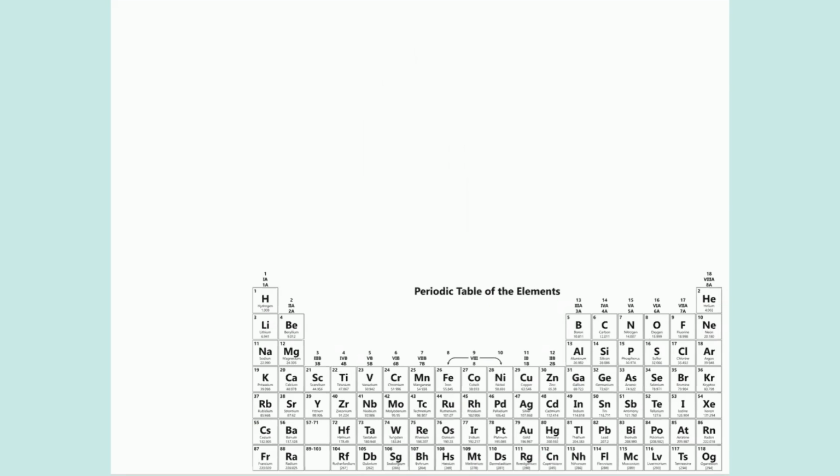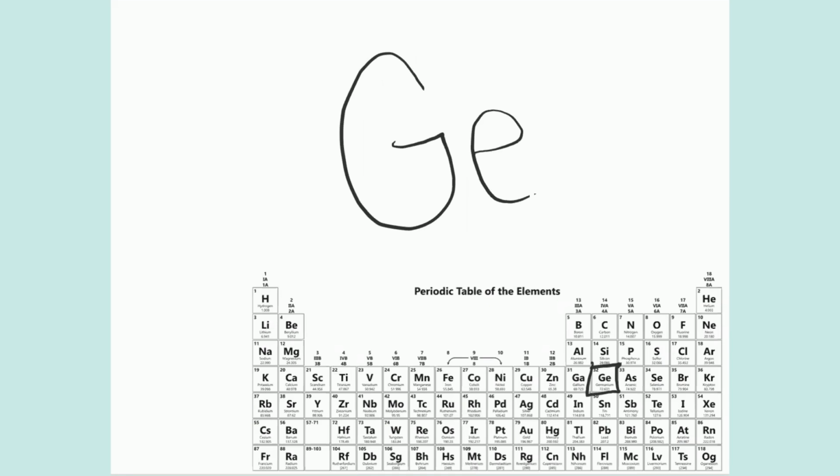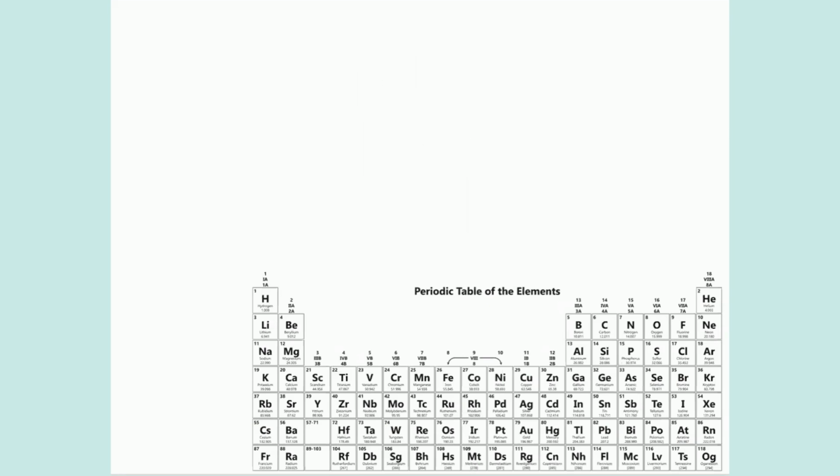Go ahead and this time let's do germanium. Go ahead and pause the video if you need to. Germanium is in group 14, so it has 4 valence electrons. 1, 2, 3, 4. Okay, and let's do 2 more. Let's go with hydrogen this time.